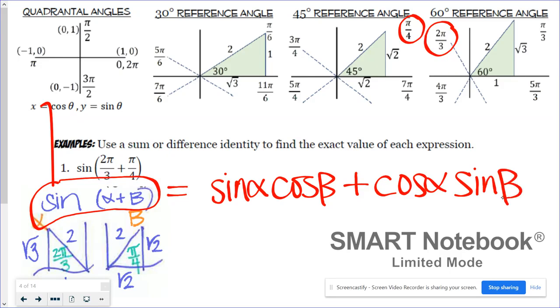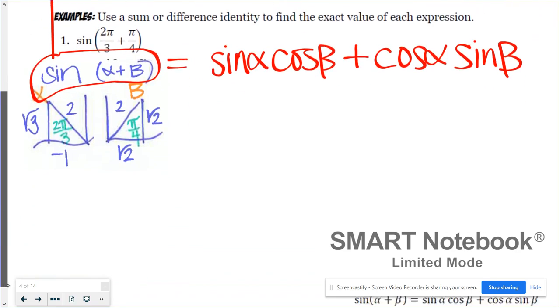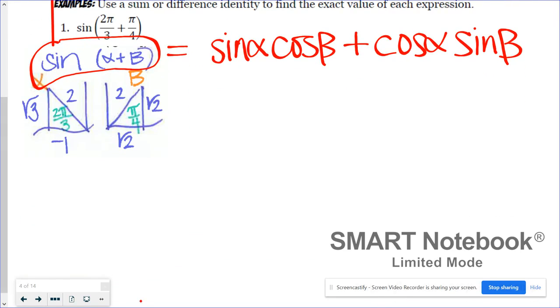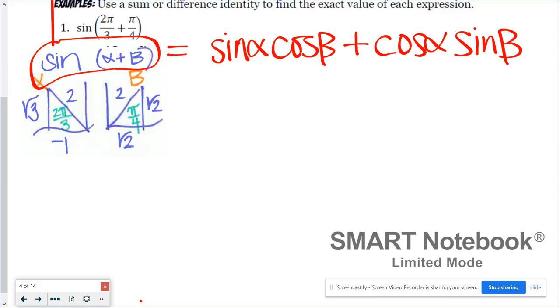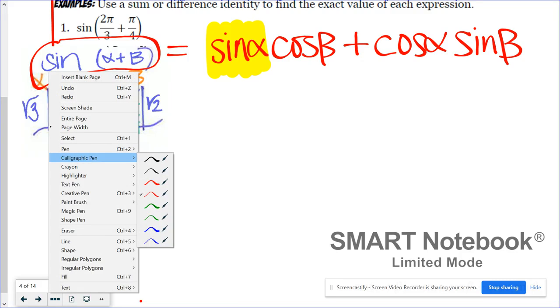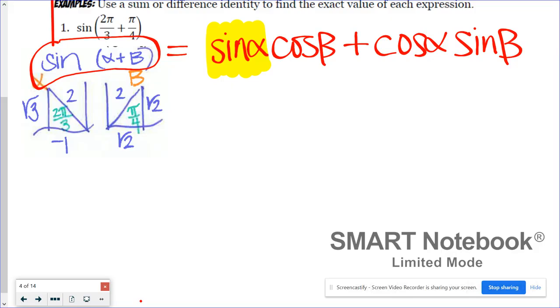So what I'm going to do is use these two reference triangles, and I'm going to find those 4 exact values. All right, so I'm going to have to use my triangles to figure out what is sine of alpha. If I look at triangle alpha, I notice that sine is the opposite over the hypotenuse, the opposite being the square root of 3, the hypotenuse being 2.